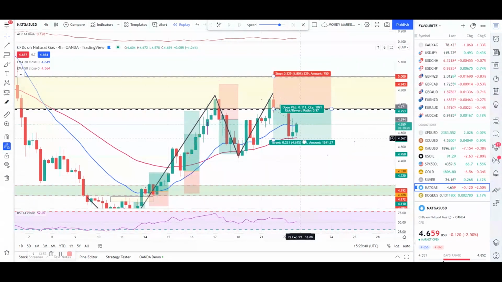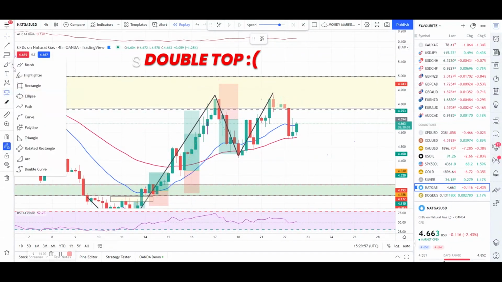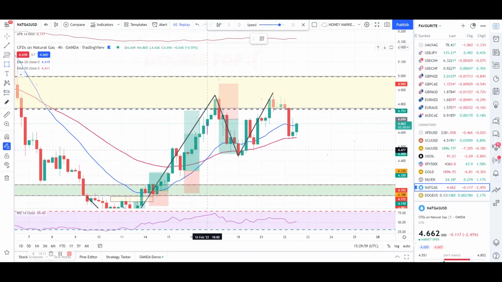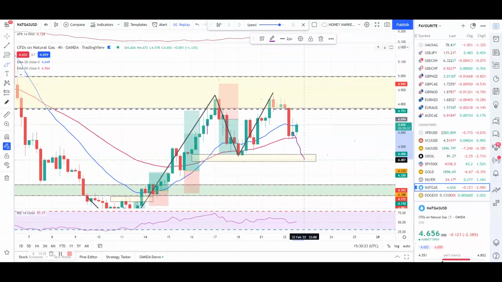The target has still not been hit yet, but now as we have our double bottom move formed, I draw a neckline right here. To take the next trades, I want to see a break of my neckline.